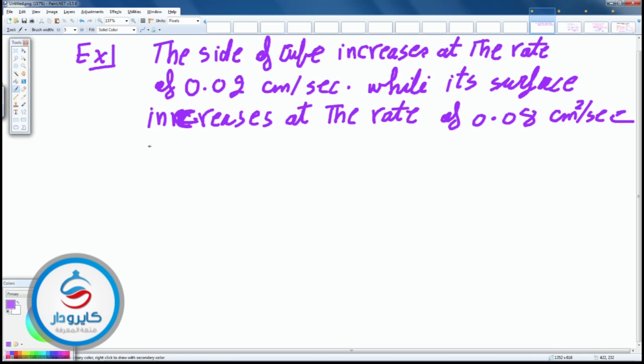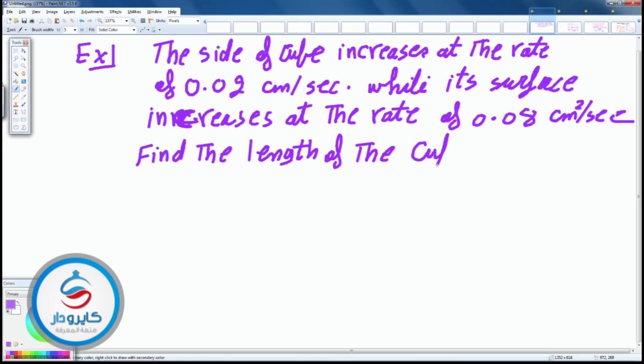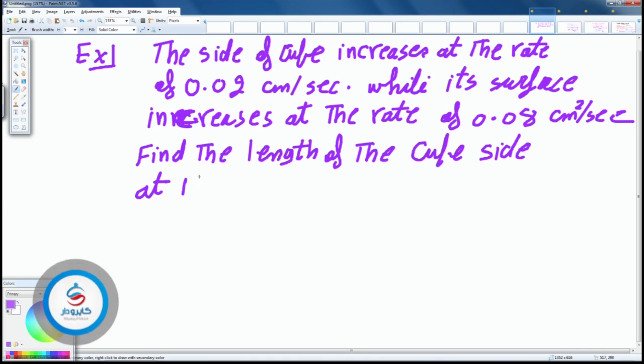Find the length of the cube side at this instant. Which instant?